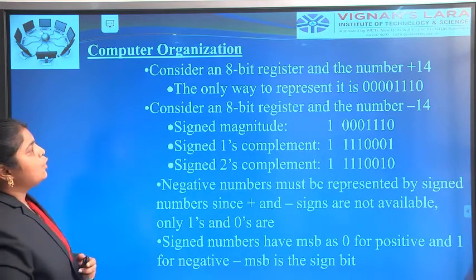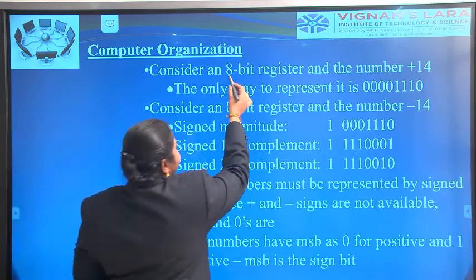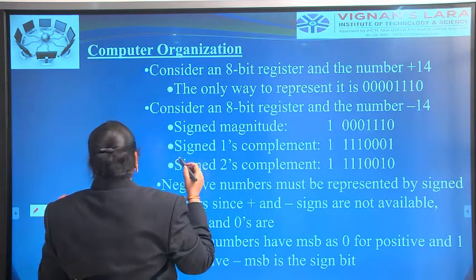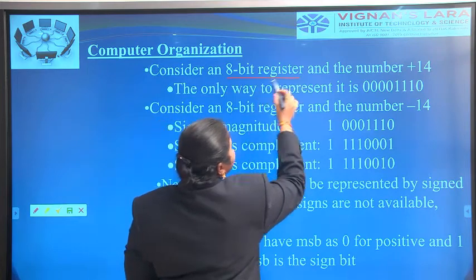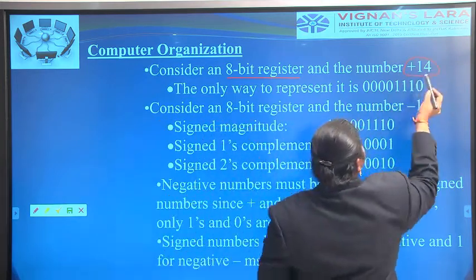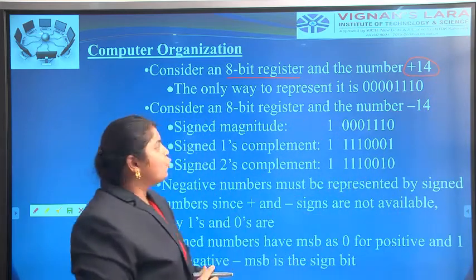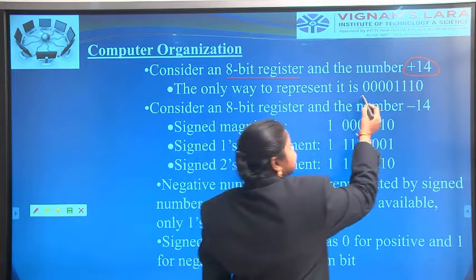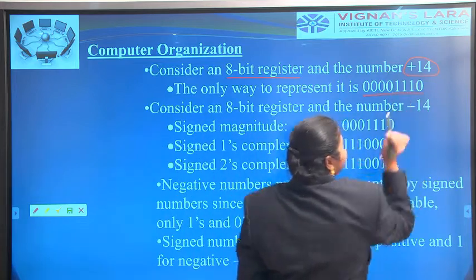For example, consider an 8-bit register and the number plus 14. Here we take the example as plus 14, represented in binary format.